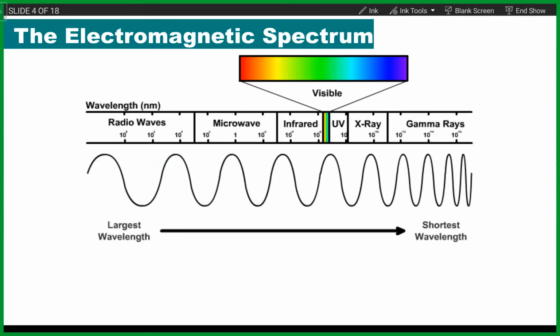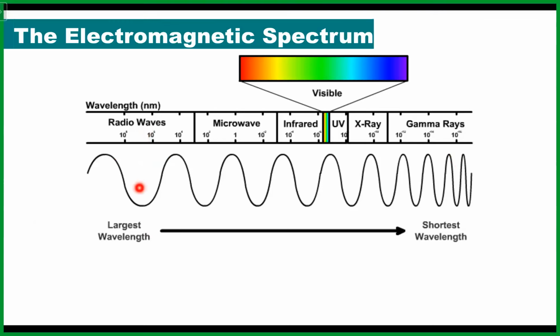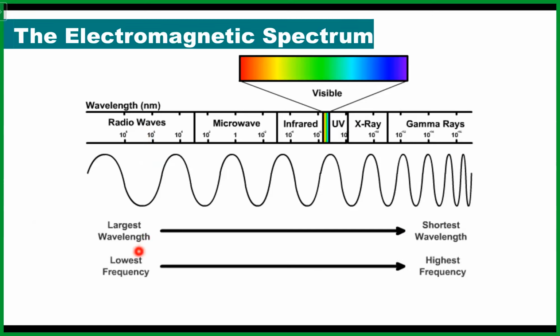The fact that radio waves have the largest wavelength means that they have the lowest frequency, and the fact that gamma rays have the shortest wavelength means that they have the highest frequency. So this is the second pattern that is seen across the electromagnetic spectrum. On one end, the radio waves have the lowest frequency, and then you'd see the frequency gradually increasing, and at the other end, the gamma rays have the highest frequency.